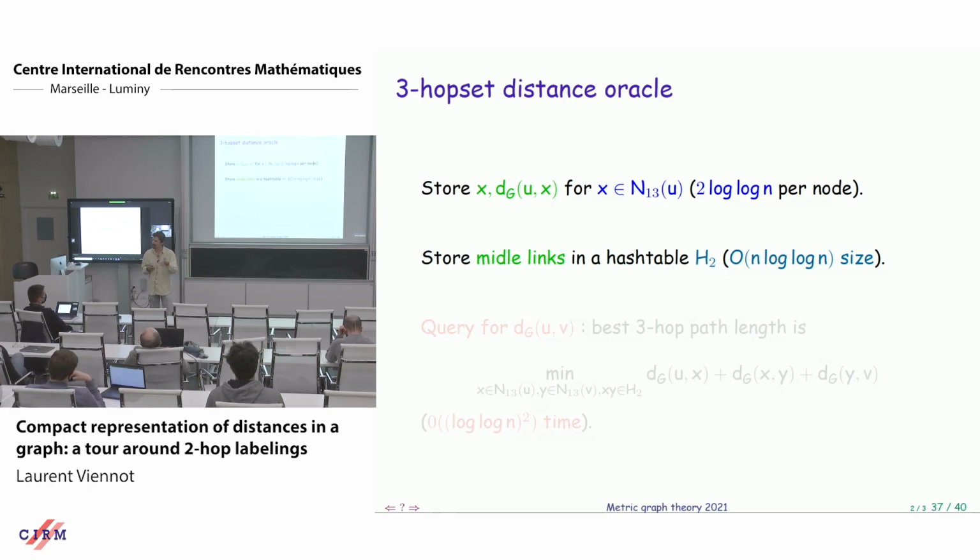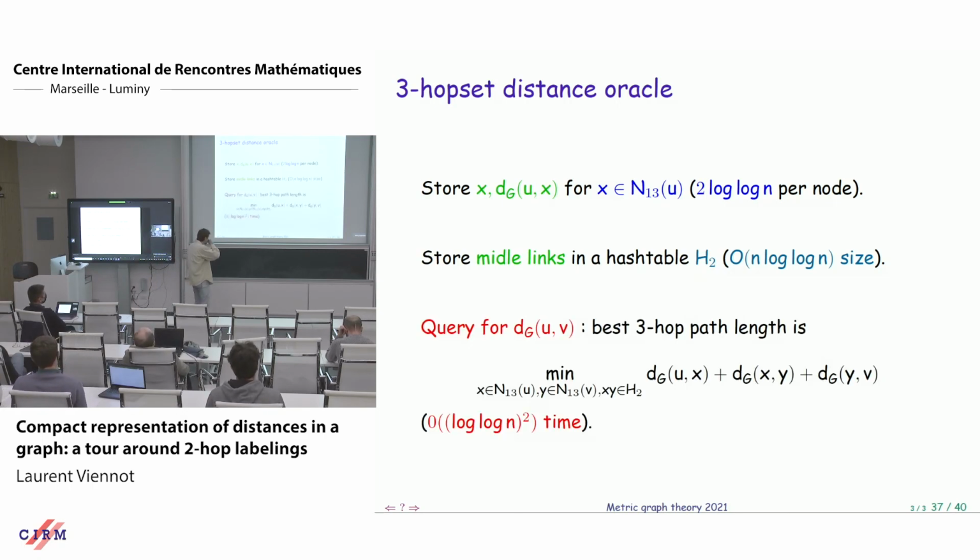In the hash table, you store the length of the middle shortcut. When you have a query for the distance from U to V, for each neighboring hub of U, so for each neighbor of type 1 or 3 of U, and for each such neighbor by shortcuts of V, you look at whether the middle shortcut is in the hash table.